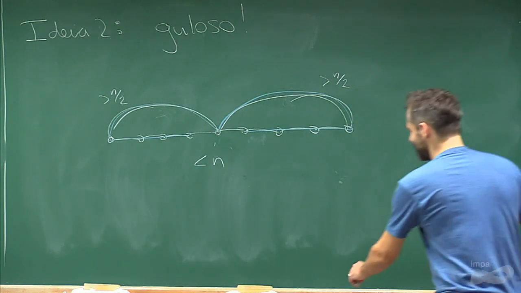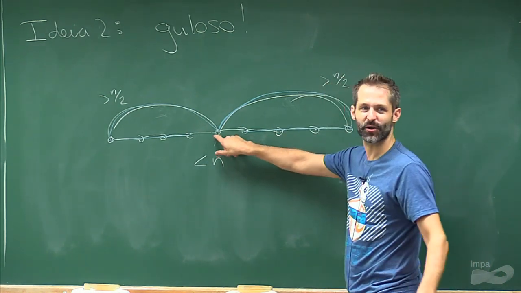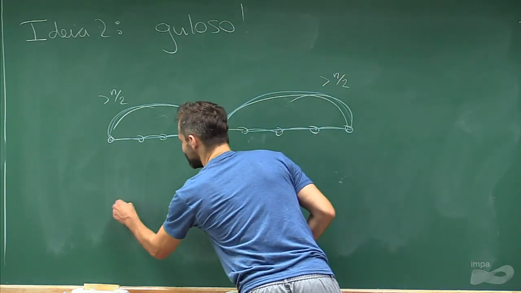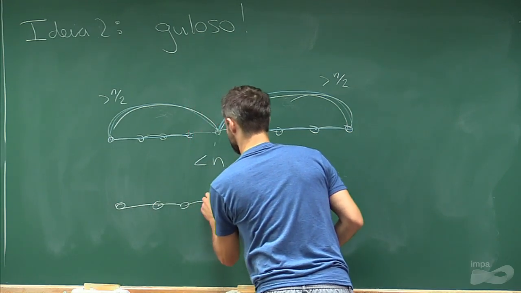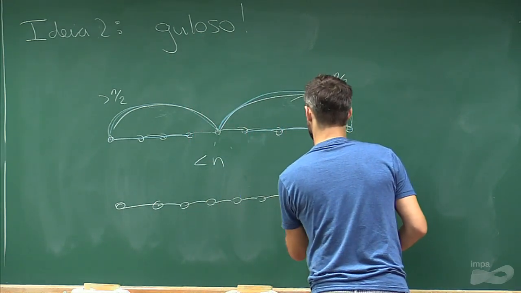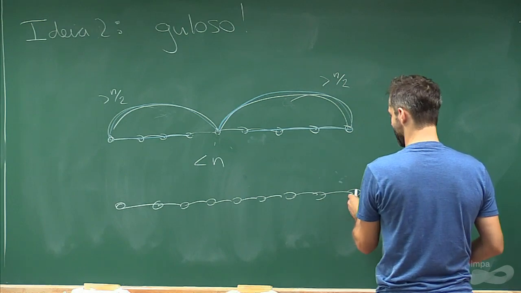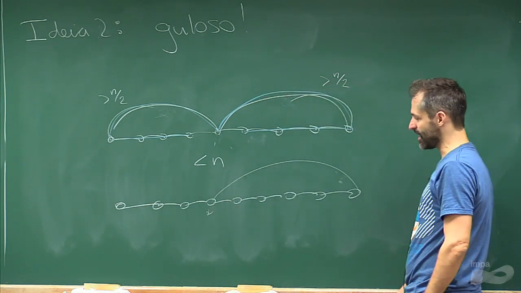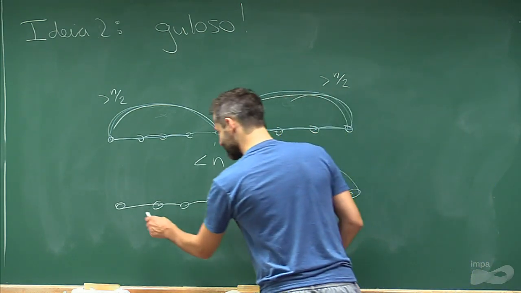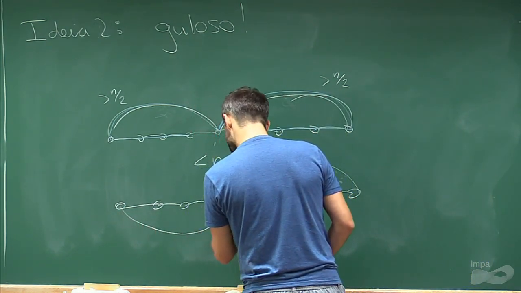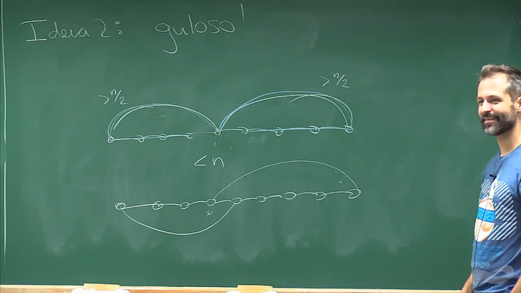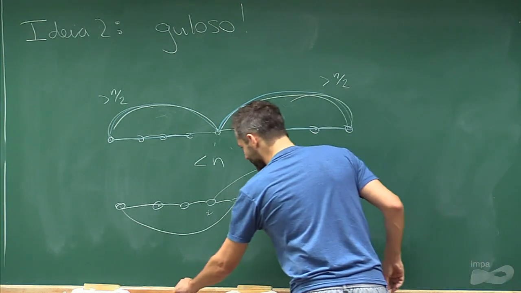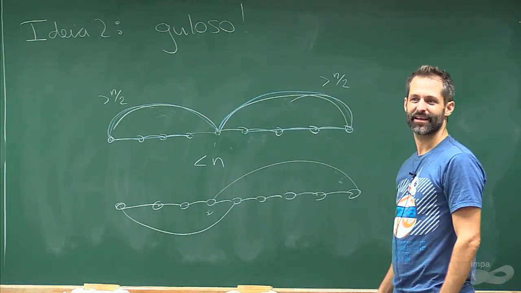Exactly. So instead of using pigeonhole to find them with the same neighbour, let's find a vertex x such that this vertex is attached to x, and this one is attached to x plus 1. And now we have a cycle.